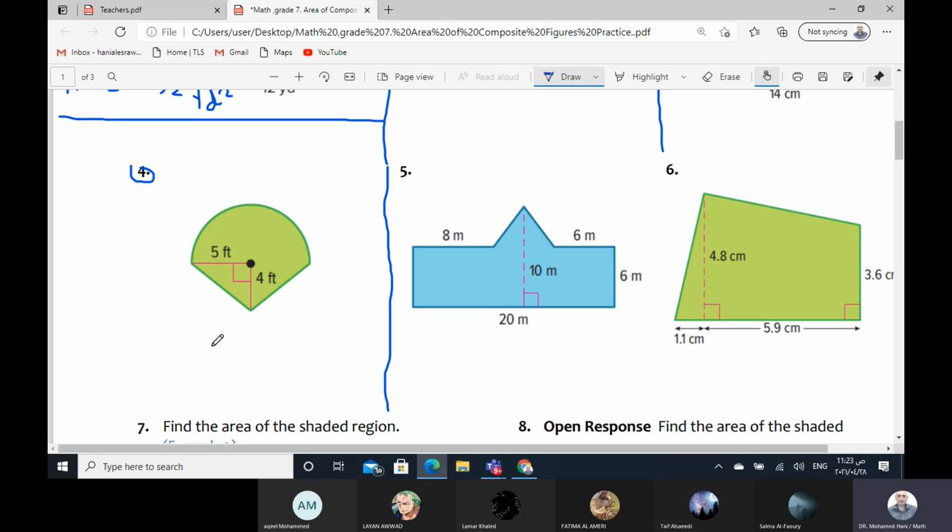Okay, check with me, please. And as you see here, we have a semicircle. Here we have a semicircle. And as you see, this is the radius.